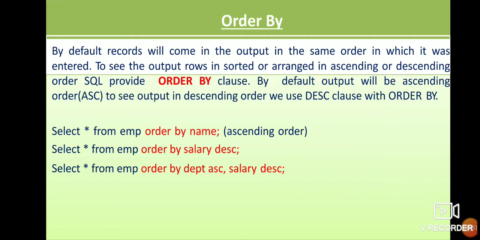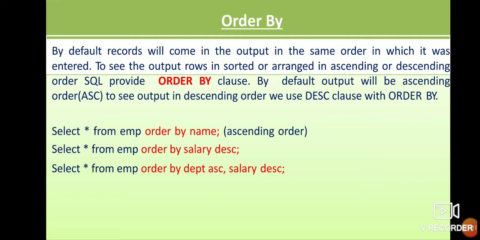You can see an example of it, like select asterisk from employee. EMP is what? Your table name, isn't it? So order by name. Here I haven't written ASC or DESC, so by default it will be in ascending order. If I want to display the same thing in descending order, I have to write DESC, like select asterisk from employee order by salary DESC. The salary column will be in descending order.